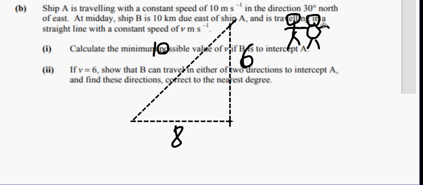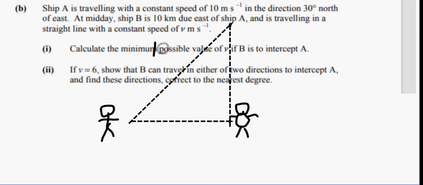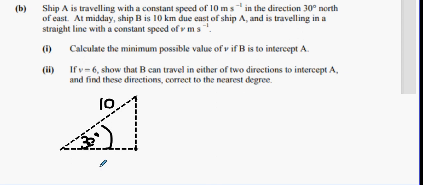Alright? So, if we eliminate this to ship A and ship B. Ship A, constant speed of 10, direction 30 degrees north of east. No bother. 30 degrees north of east. I know, I'd be kicking myself as well. 10 cos theta and 10 sin theta.